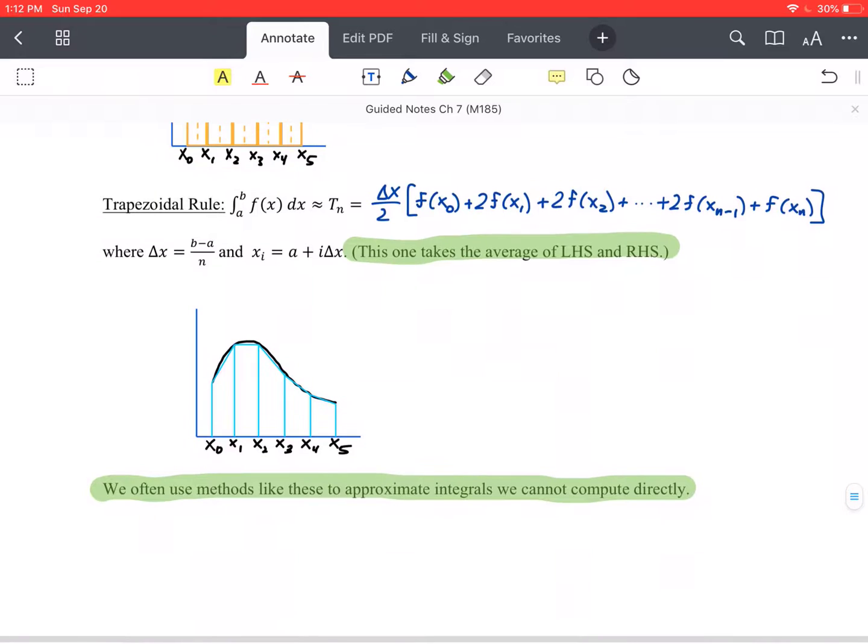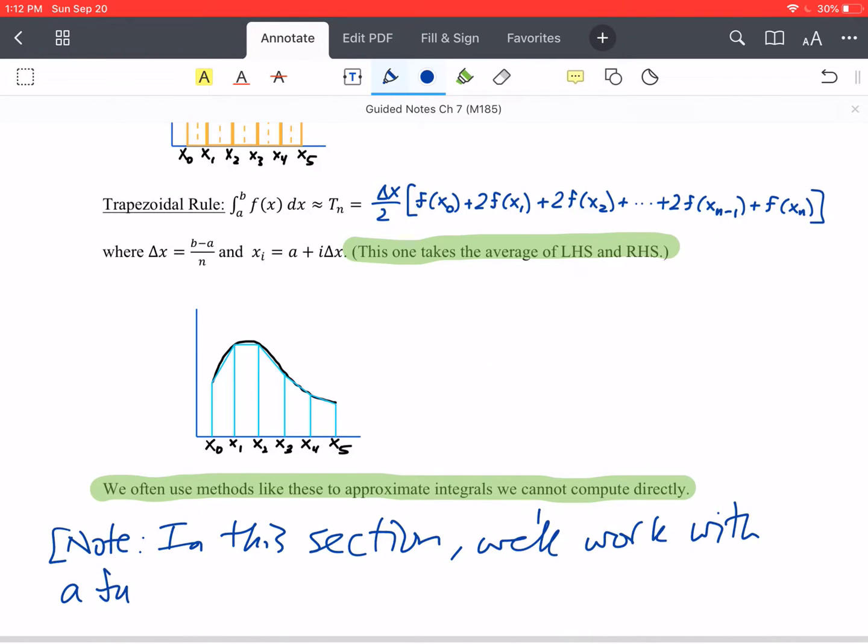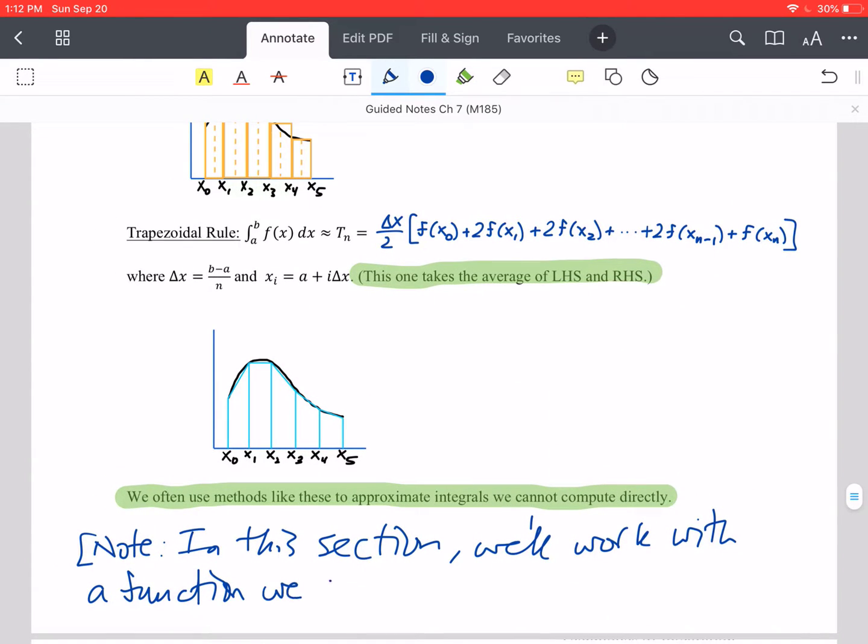But just a disclaimer for this section. Note, in this section, we're actually going to work with a function we can integrate, for the sake of ease.